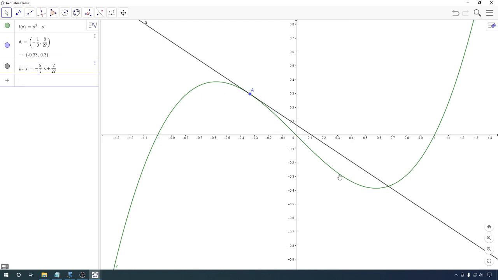So you can see here that it does just touch that graph at that point, and it does seem to agree, at least when you're really close to A, with that curve. Unfortunately, we have another point over here where that line does hit our graph.